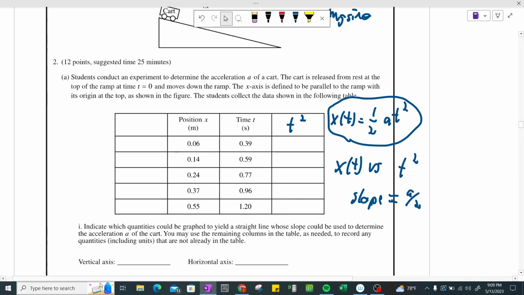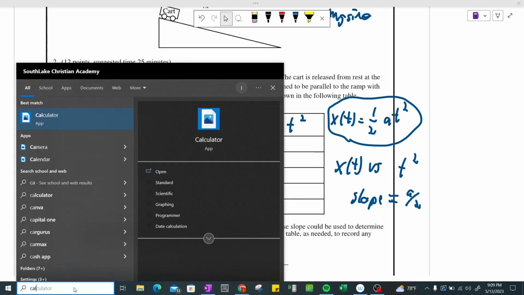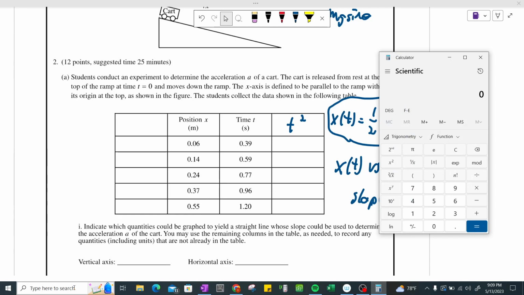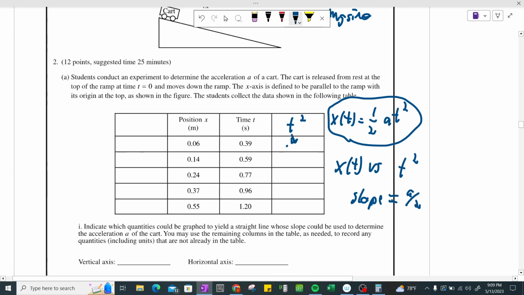So let's get our calculator. We got 0.1521.